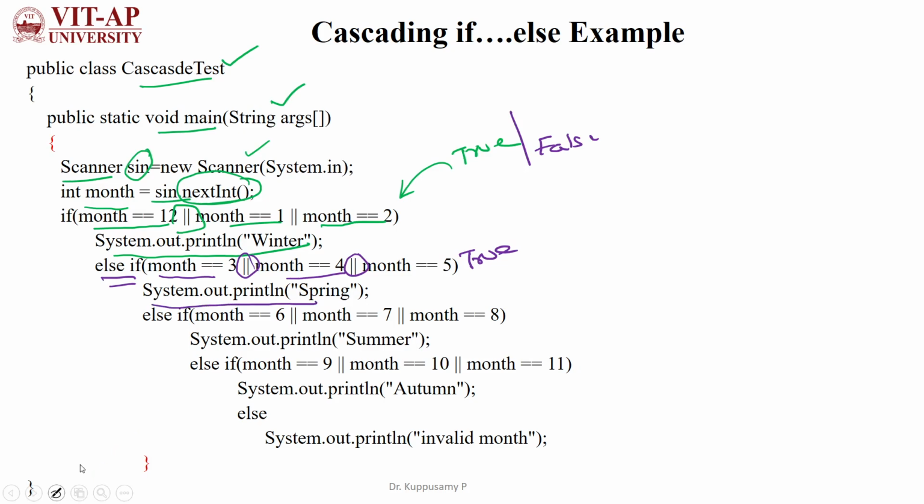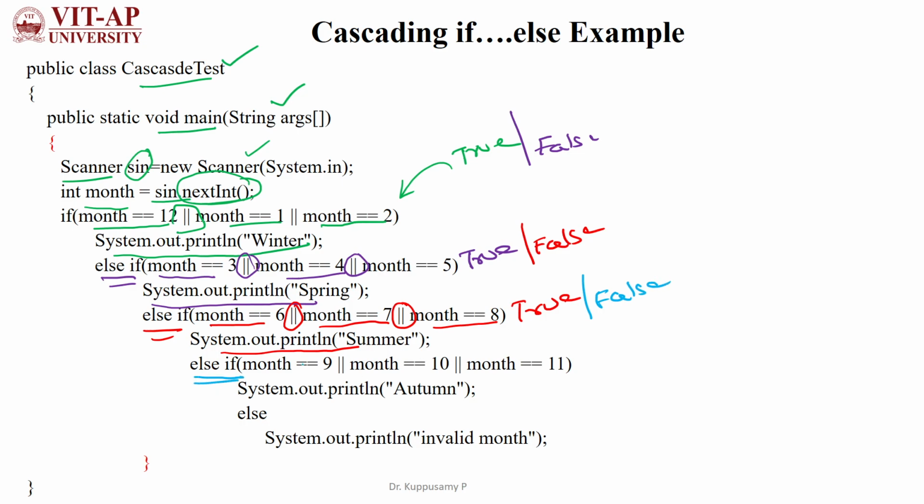Or if it is false, then this else if condition will come into the execution. Then month equal to 6 or month equal to 7 or month equal to 8, if it is true, then this true block will execute, and summer is the statement which is displayed. Otherwise, if it is false, then the next else if statement will come, right?